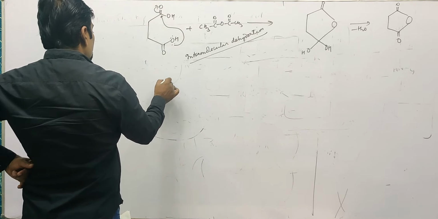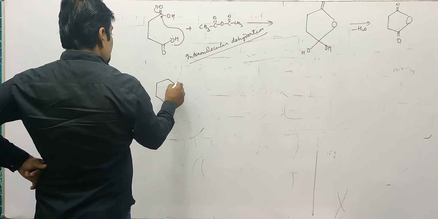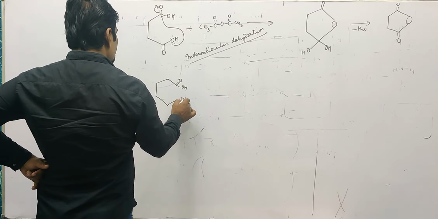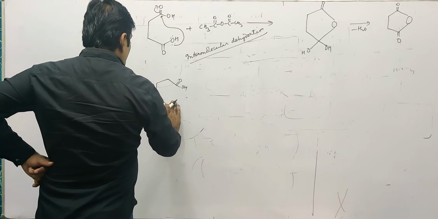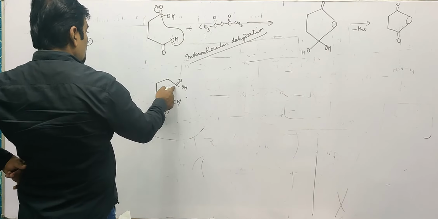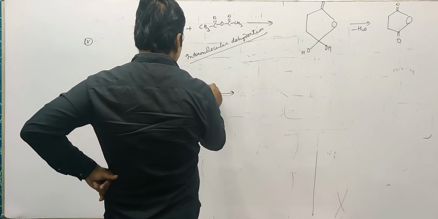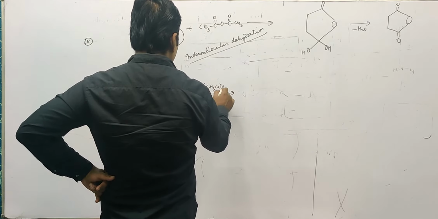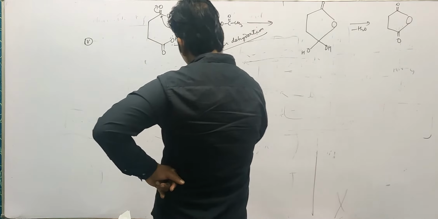Similarly, if there is 1,5-dioic acid, let's say double bond OH at this place and double bond OH at this place, 1, 2, 3, 4, 5. When heated with acetic anhydride, (CH3CO)2O, it forms a 6-membered ring.